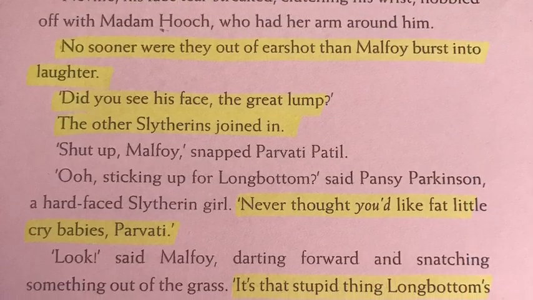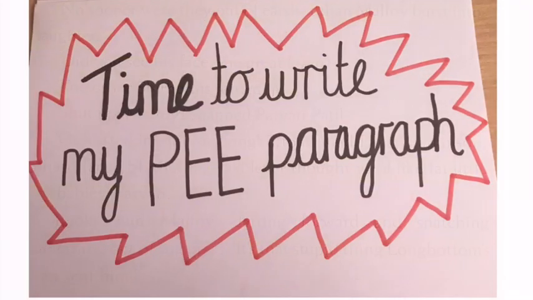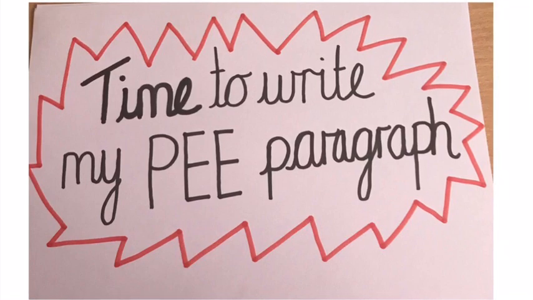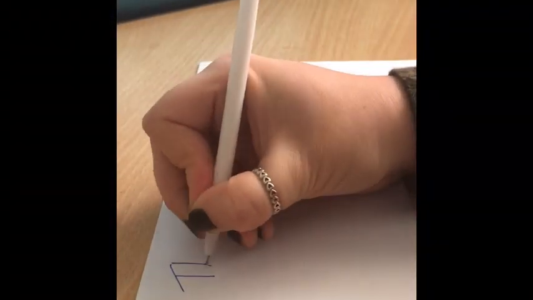Now I need to use my highlighter to make sure I've got the evidence to support the point that I am making. So I'm going to start by writing my point.